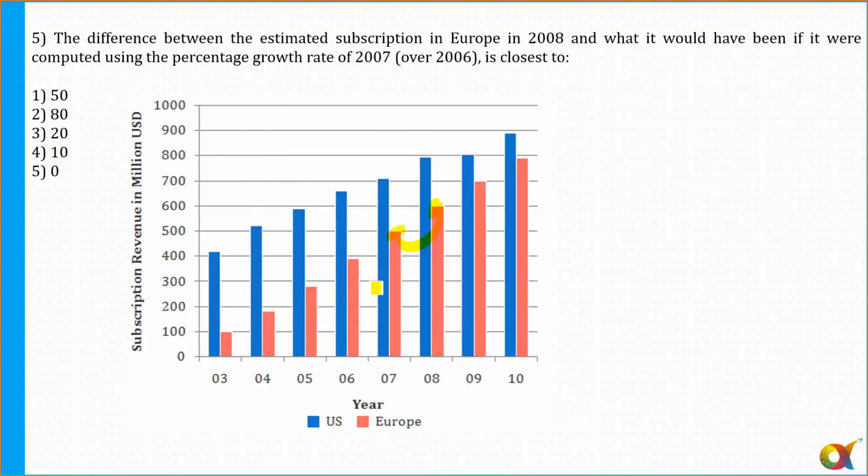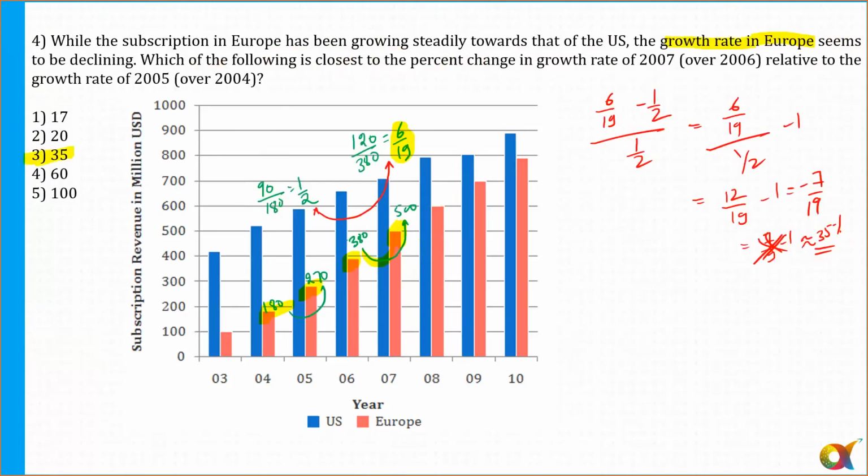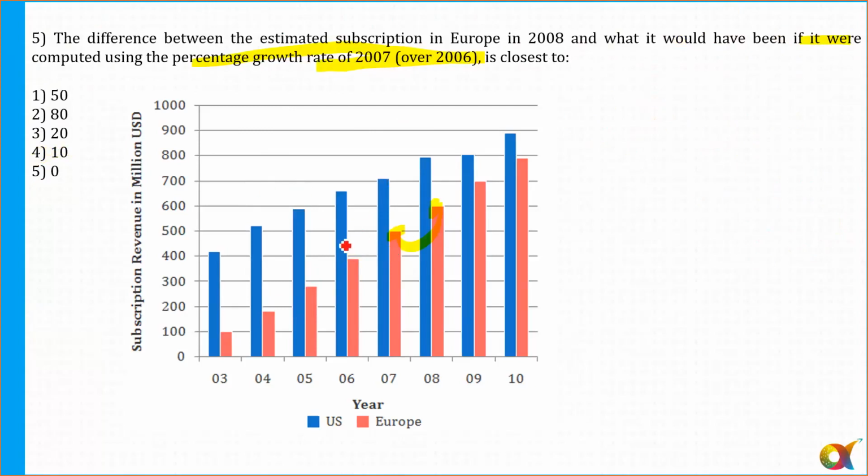So 8 estimated is given, but what it would have been if it were computed using the percentage growth rate of this one. We know that there is a growth of 6/19, and the value in the year 2007 is equal to 500. So what is this value?